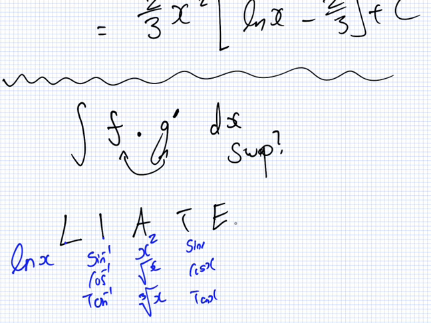And then E for E. So you can see in the example I just had, I had an L and an A. So it means I should write my log in front of my x power term. So this is the correct order for it. Log first, algebra term second.